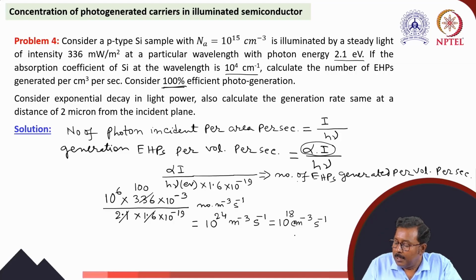Sometimes it is mentioned not in terms of per second. Sometimes it is per microsecond. So that is also required, because we will show you in the next problem this generation rate, that is G optical. This is denoted as G optical.